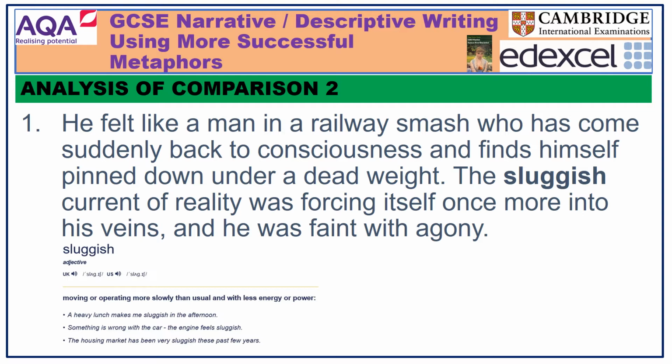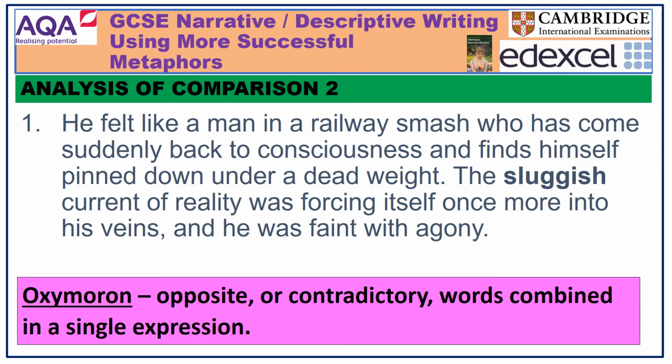So using a more unusual adjective before the image adds greater interest, as does the fact that there is an oxymoronic feel to the phrase sluggish currents. When we think of currents, we think of fast-flowing streams or electrical charges. Sluggish is unexpected in this context and emphasises the way that Vance is slowly awakening to a torpid, stultifying reality.